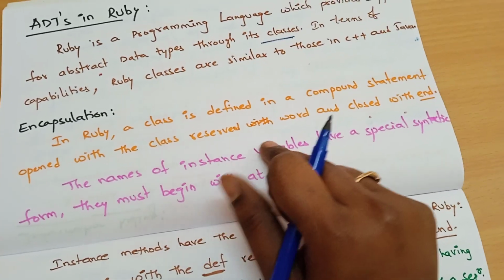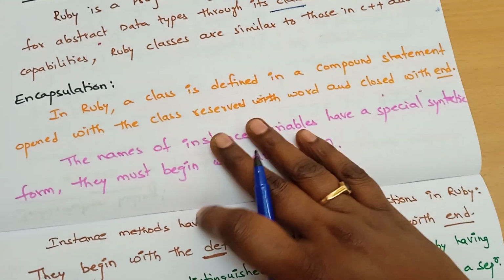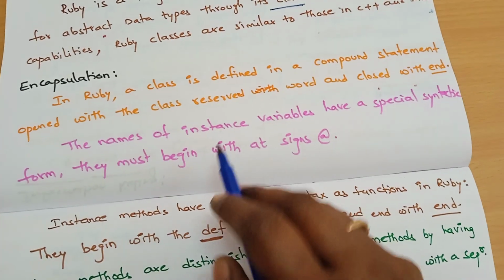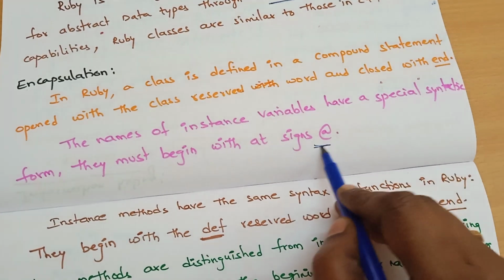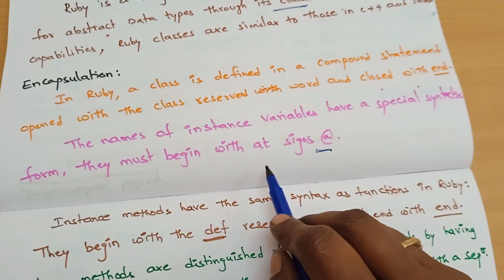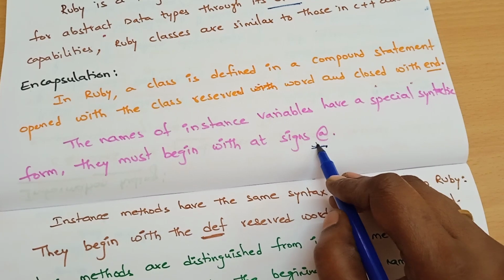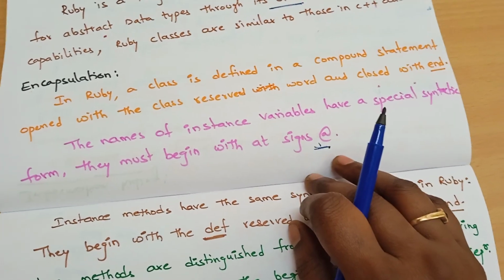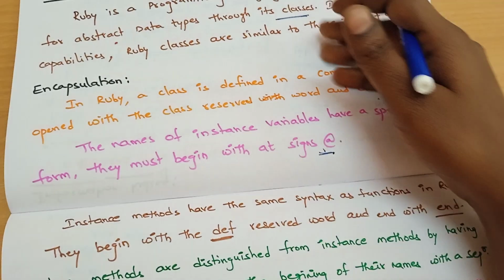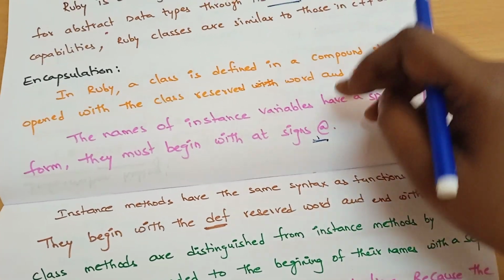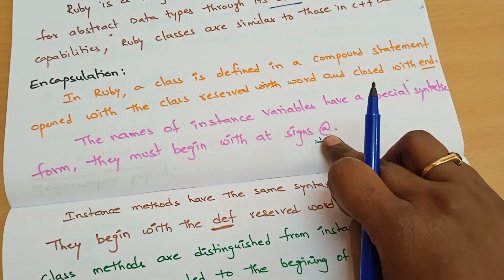We'll write some class name. We'll see the example also. The names of instance variables have a special syntactic form. They must begin with the @ sign. There are versions in Ruby. The older version takes a different sign, but the updated version of Ruby, the version that supports ADTs and object oriented programming, will take instance variables with the @ sign.